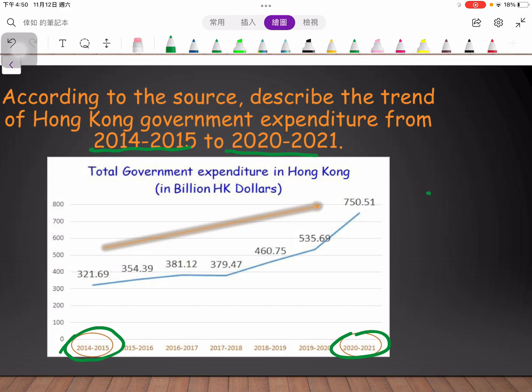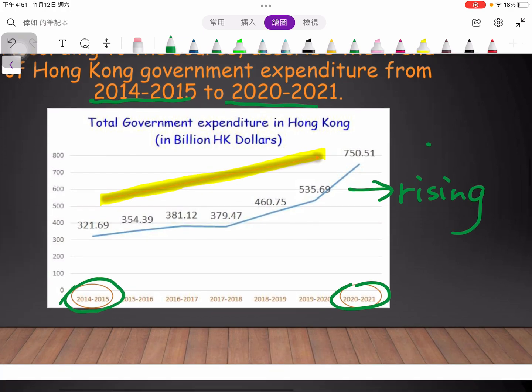When you look at the graph, you also need to read the shape of the line. As you can see, it is rising, right? The line is rising.